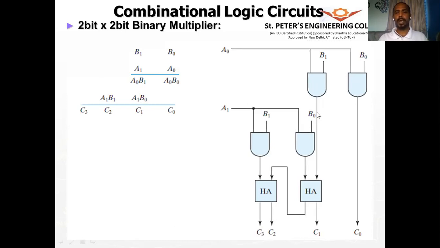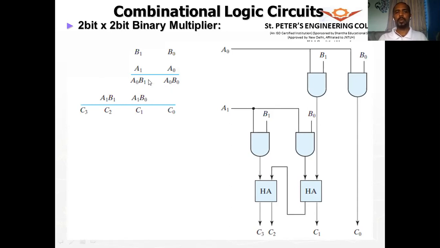So I'm going to use a half adder. Now why I'm using a half adder, I'll come to the point. So A1 is multiplied with B naught by using the AND gate, and that result is given to the half adder. Now half adder, as you see, I am not taking any carry from the previous. So this is not generating any carry.